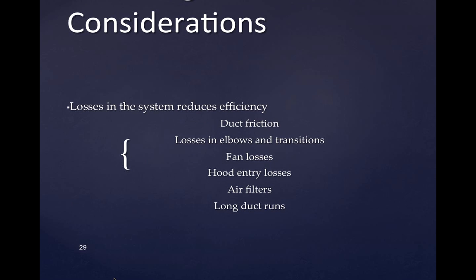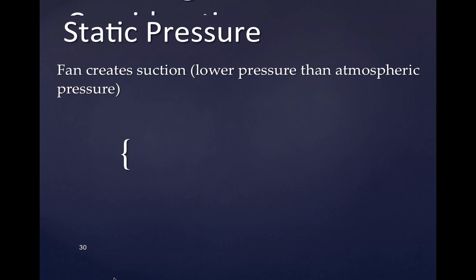So if you have a contaminant being produced at this location, and the face of the duct is 24 inches away, you want to make sure that at this point, 24 inches in front of that ductwork, you have sufficient velocity in that air to capture that contaminant and pull it away from the work or keep it from escaping into the space.